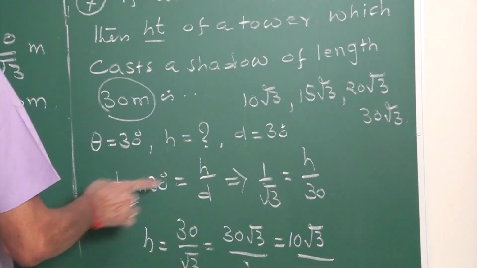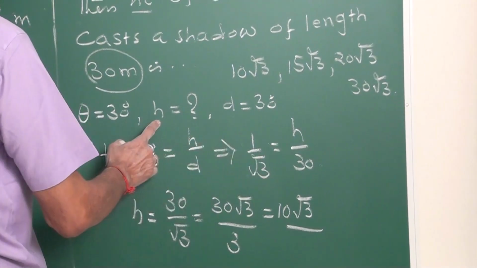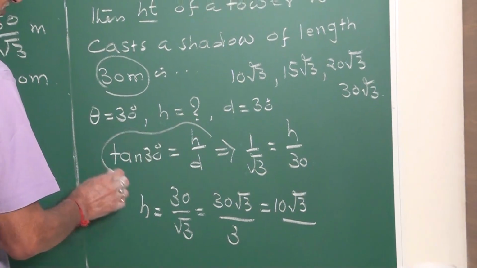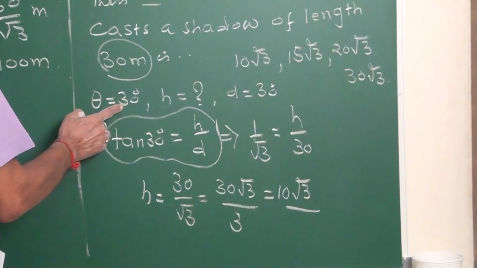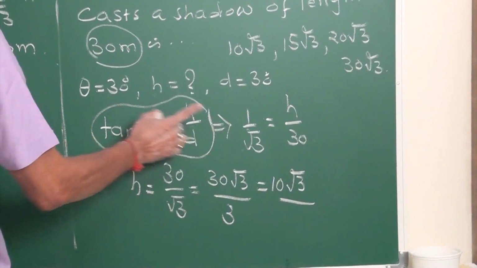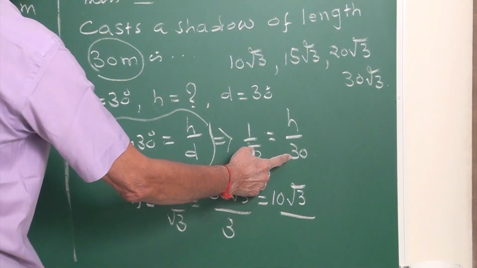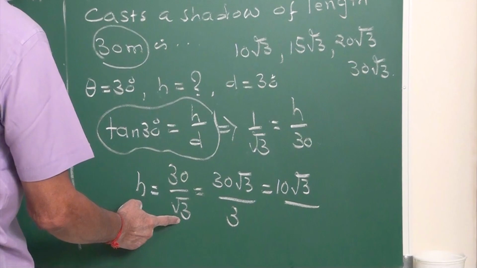Directly you write tan 30, 1 by root 3 equals h upon d. If you want, you can write it as supportive: tan 30, 1 by root 3, h upon d. What is d? 30. Then what is h? 30 upon root 3.